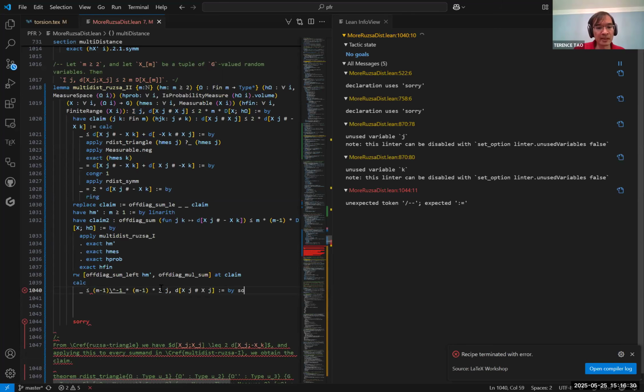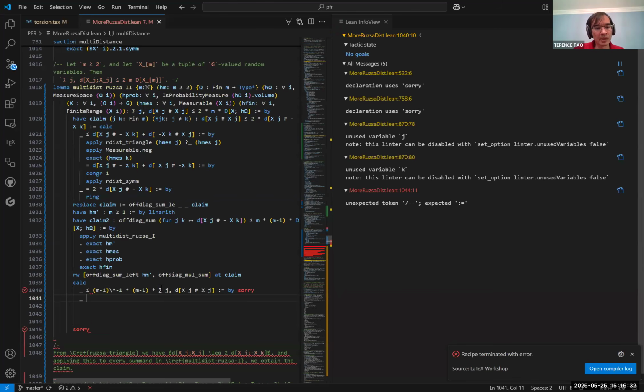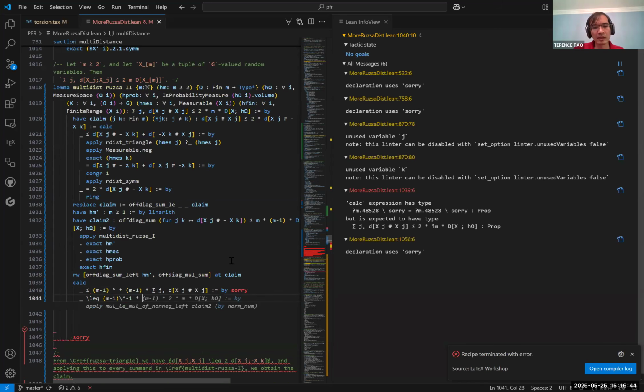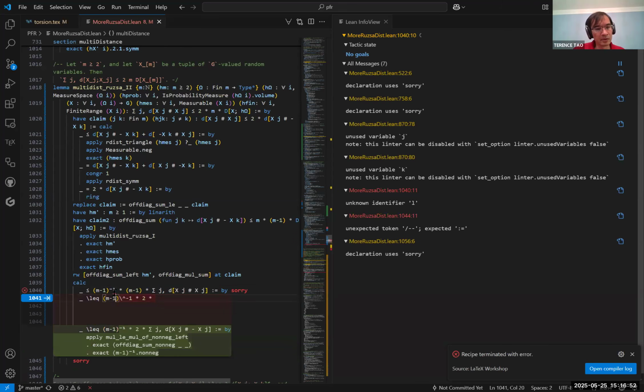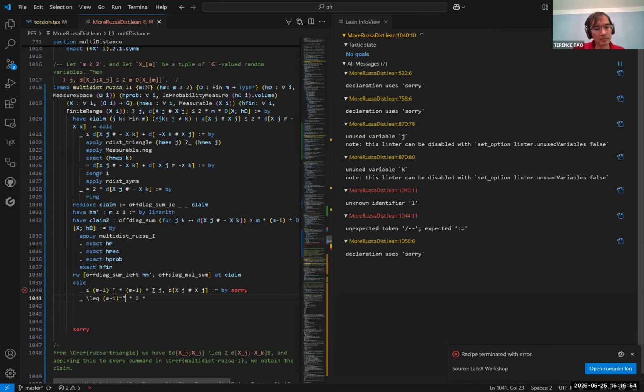So I multiply and divide this. And I'm going to use... so slow. I need to have a look at what I'm trying to chain together here.